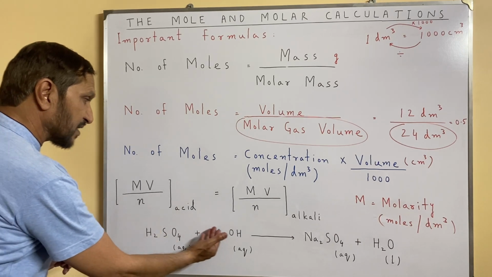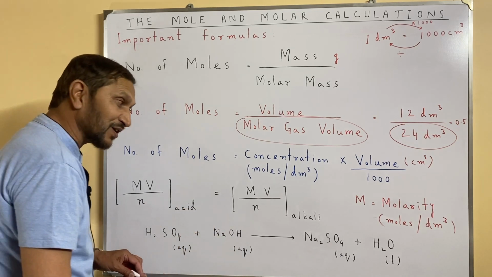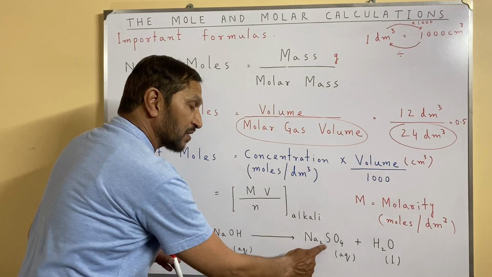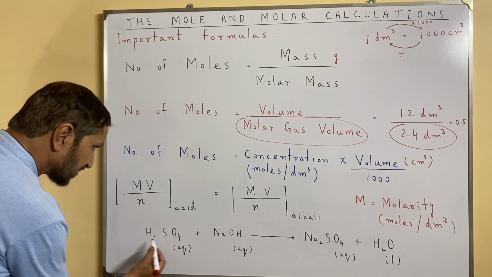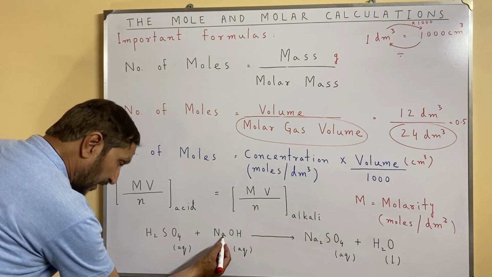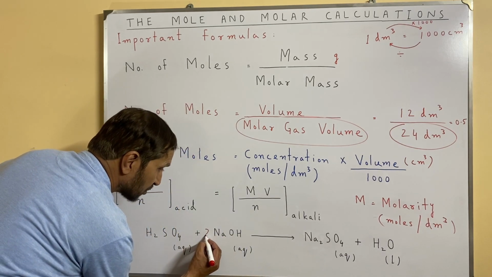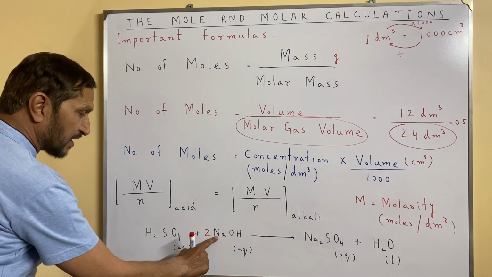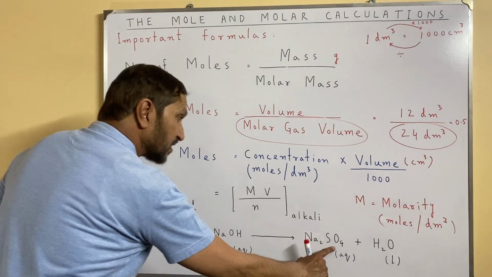Sulfuric acid and sodium hydroxide are reacting. This is a neutralization reaction, and they react to form a salt, sodium sulfate, and water. So let me balance this equation. Here there is 1 sodium, and on the right hand side there are 2 sodium, so I will write 2 here to balance the equation. Now there are 2 sodium and 1 sulfate.